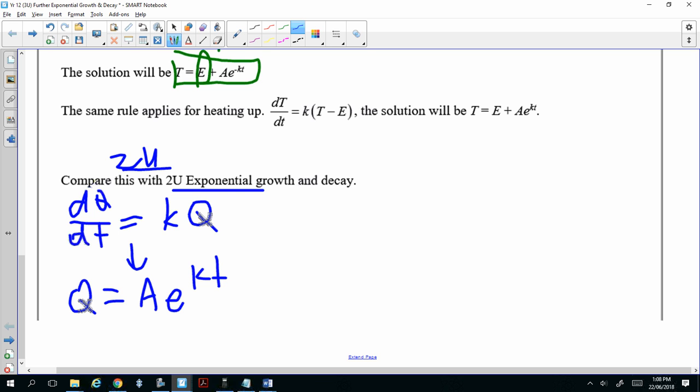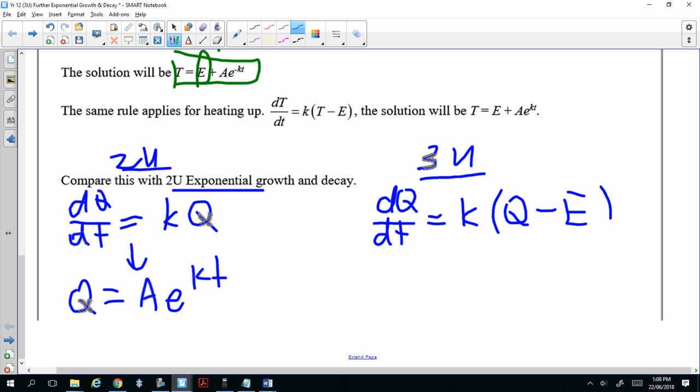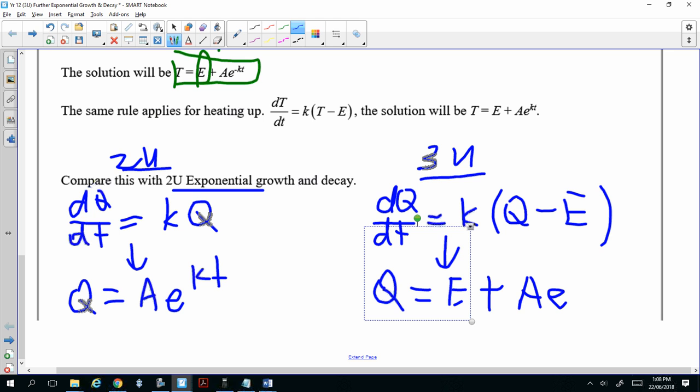And then in 3-unit, we have dQ/dt, let's use the same pronumeral, we've got k, but we have an extra pronumeral, we call it maybe E. So we've got k times (Q minus E), like this. And then the formula for that will be Q equals E plus A e to the power kt. So you can compare and contrast the difference between the two formulas and the solutions.